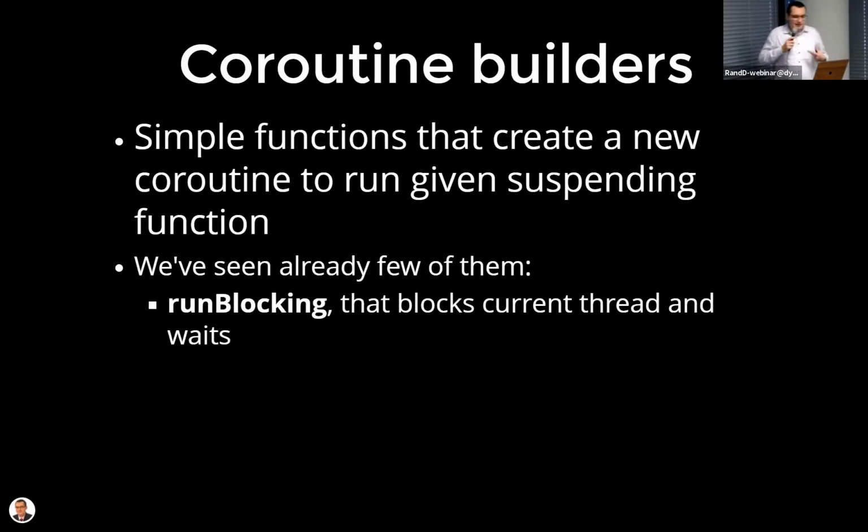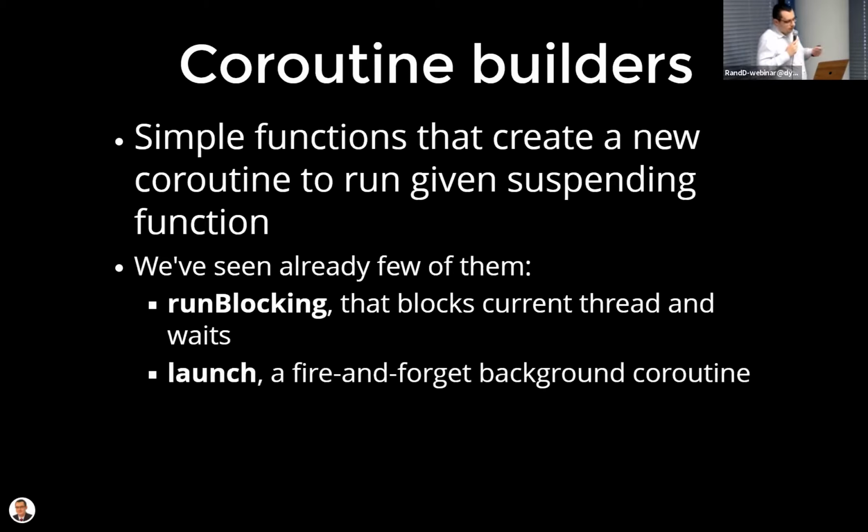It doesn't feel very asynchronous because it's not, but it's cool if you want to check something pretty fast, just see whether it works or not, and especially if you're writing tests, then runBlocking is very useful.